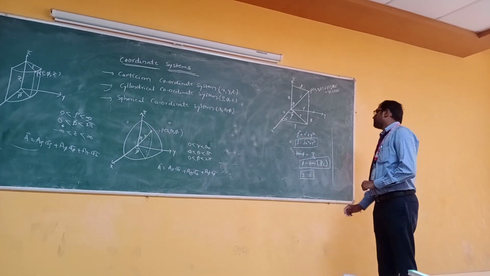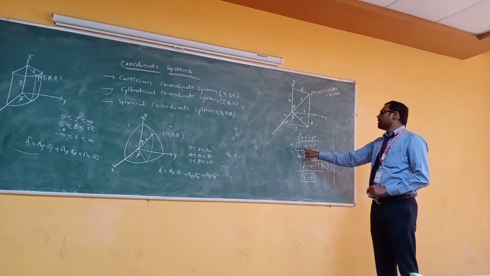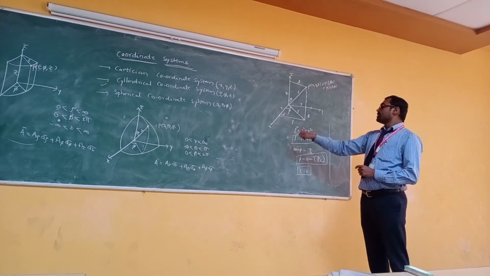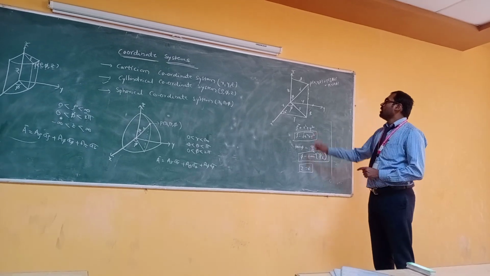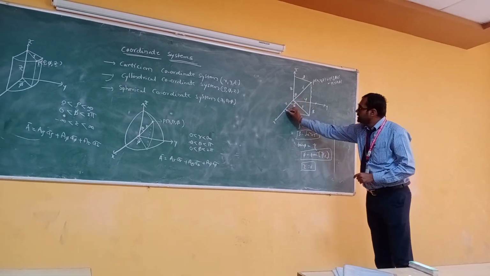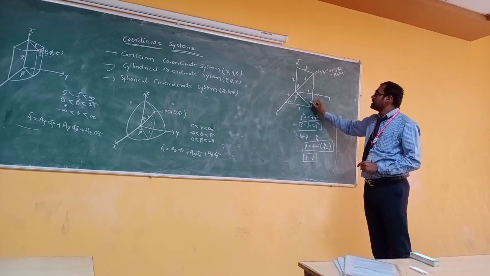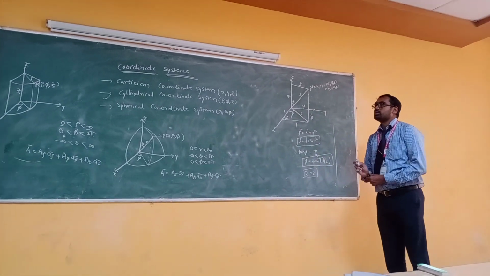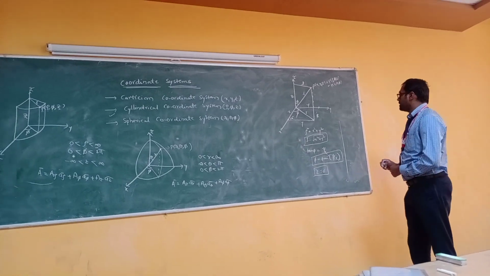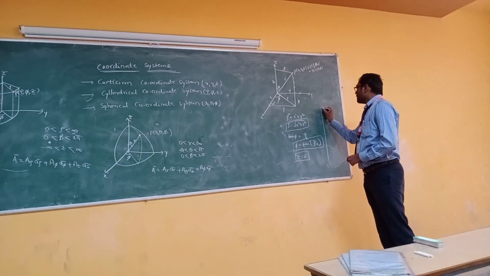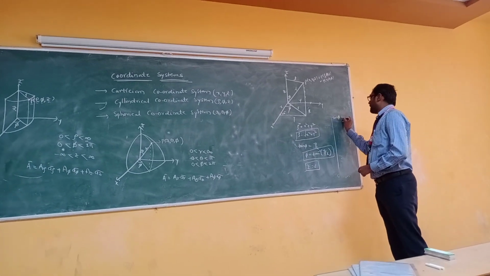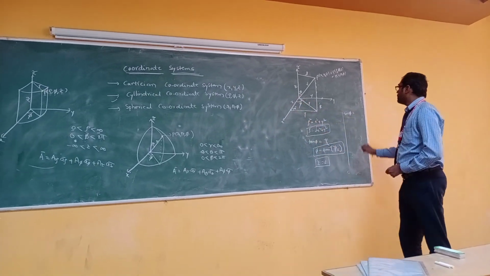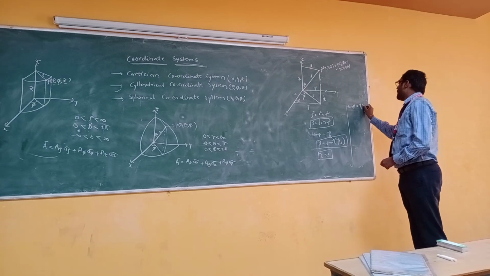Now from Cartesian to cylindrical coordinate system, we can convert by using this diagram only. By using this triangle, we can convert from the cylindrical coordinate system into the Cartesian coordinate system. Now, what is sin phi from this diagram? Sin phi is equal to y by rho.